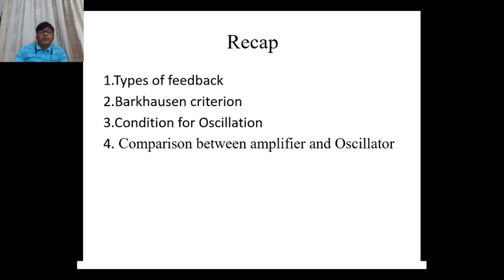Positive feedback is called regenerative, whereas negative feedback is called degenerative. Also I explained about the Barkhausen criterion and the condition for oscillations, and the comparison between oscillators and amplifiers. So thank you.